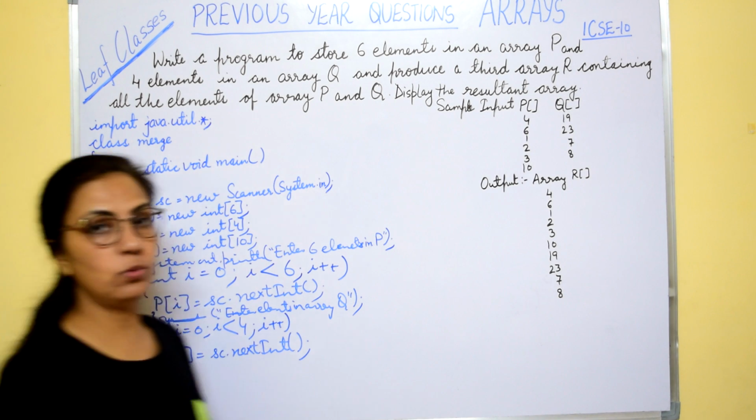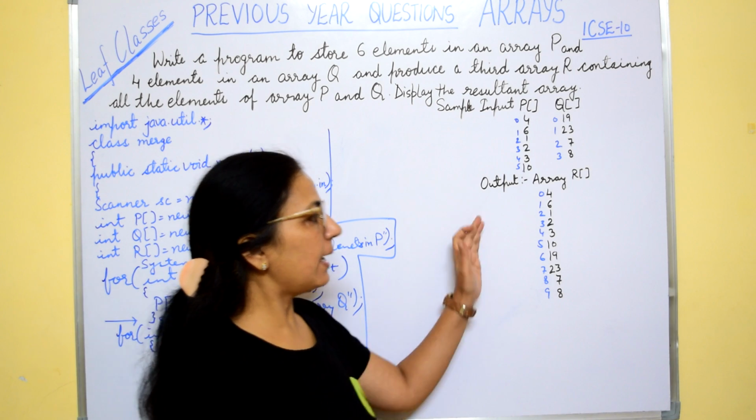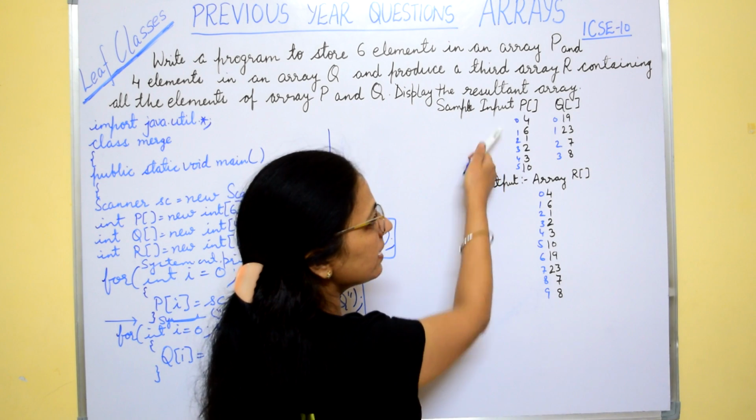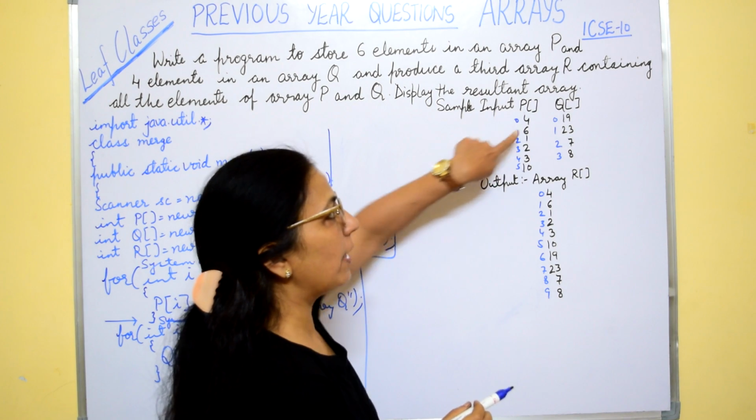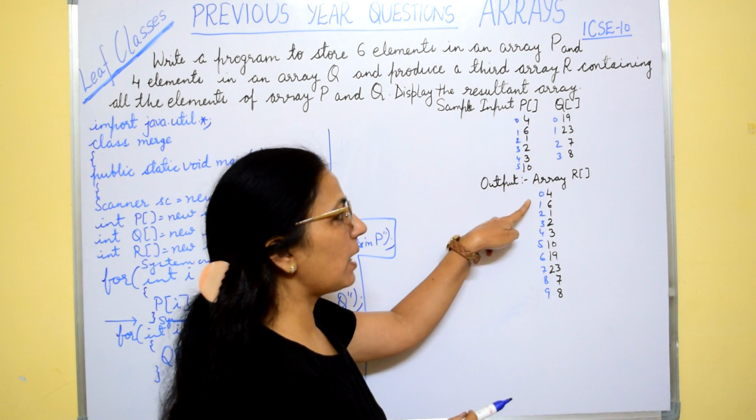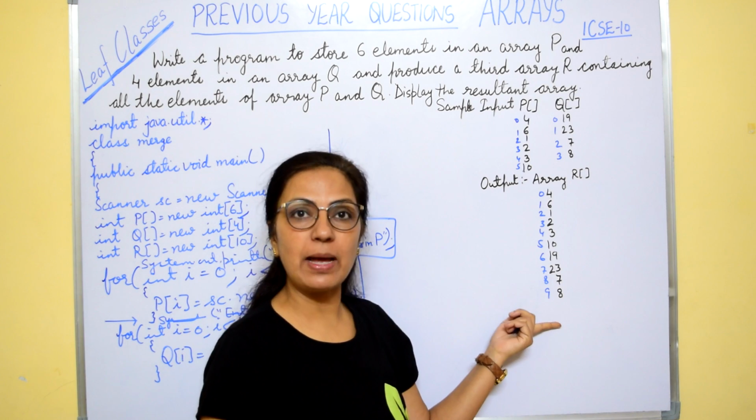Now what we have to do? Now we have to store the elements in array R. Now here I have written the subscript. Array P has the subscript value from 0 to 5, array Q has from 0 to 3 and array R has the subscript value from 0 to 9.